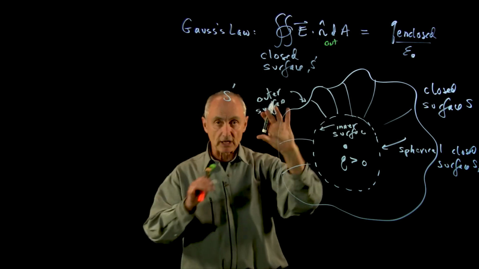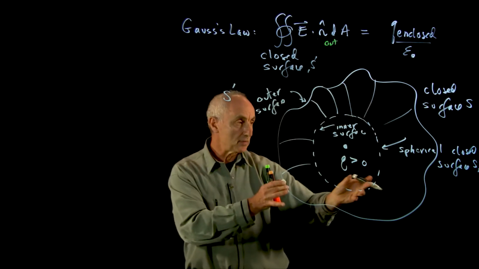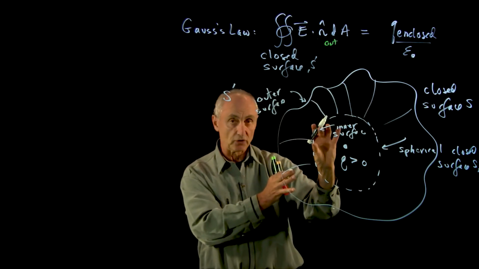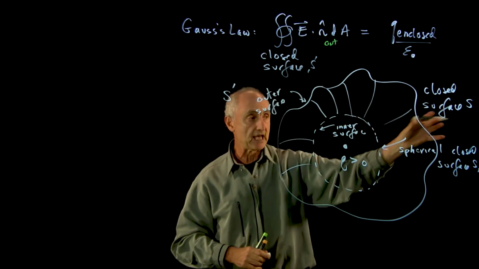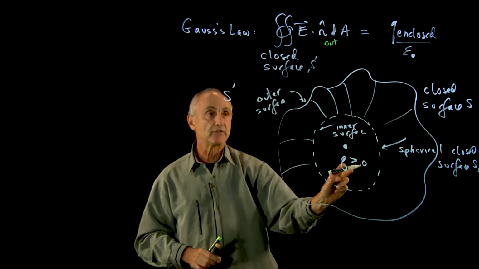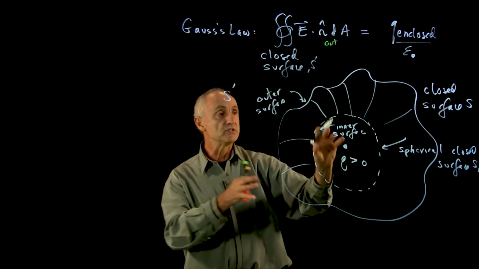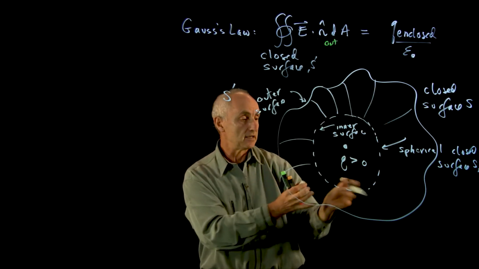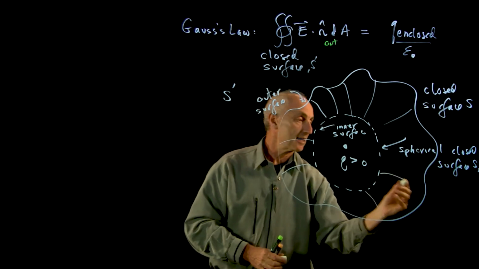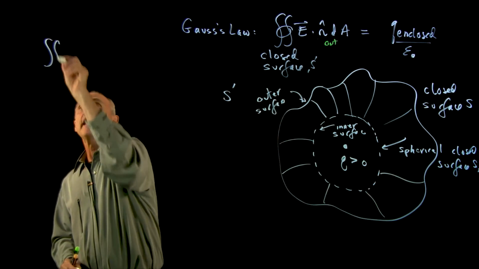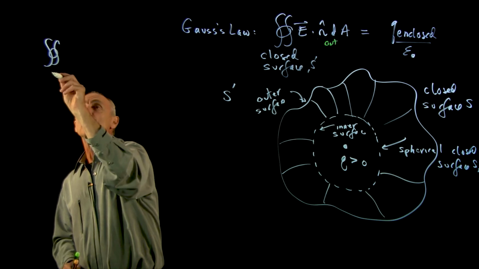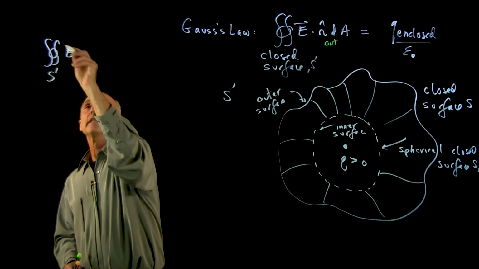So my surface, my closed volume, has an inner surface, which is spherical. It has an outer surface, which is the arbitrary closed surface S. And notice that the charge Q is not inside this surface S prime.